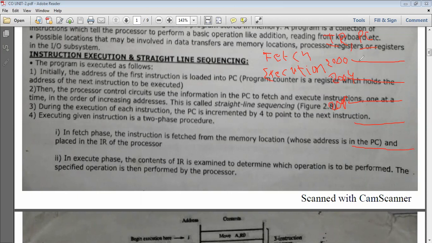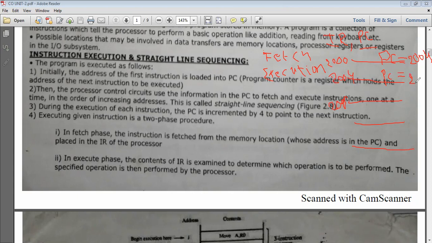At the time of the first instruction execution, what is the PC value? The PC value is 2004, since the next instruction is the second instruction. After completing the first instruction, we go to the second instruction, which is located at 2004. In the same way, at the time of second instruction execution, the PC is equal to 2008.